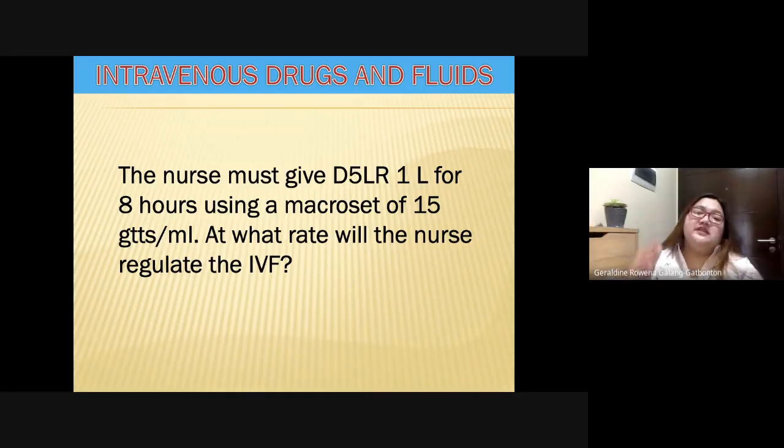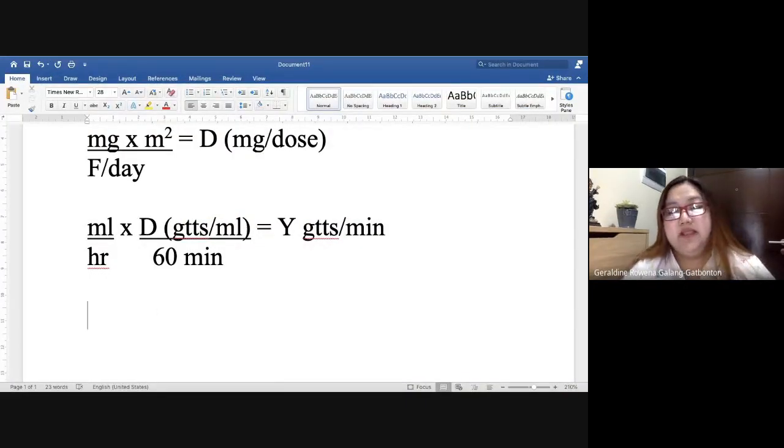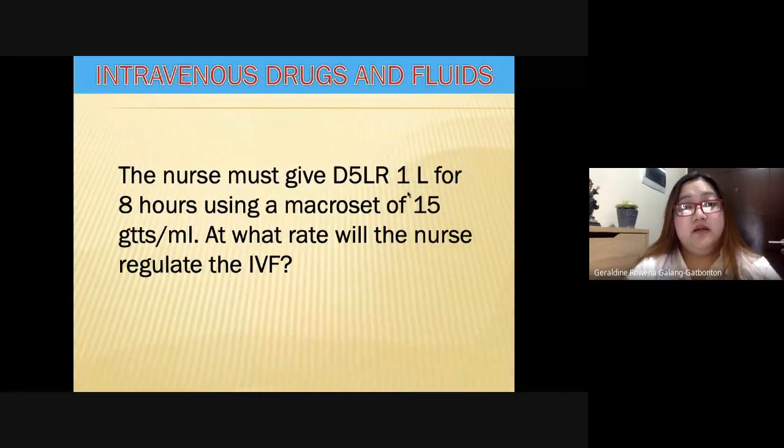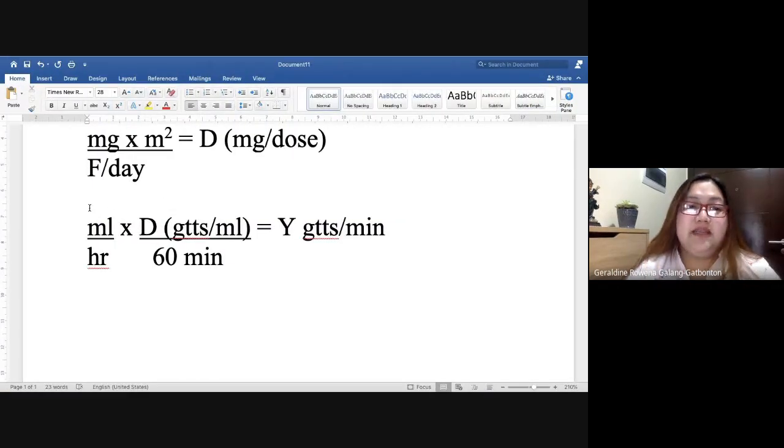The nurse must give D5LR 1 liter for 8 hours using a macro set of 15 drops per ml. At what rate will the nurse regulate the IVF? So, let us use the formula. What is the ml per hour? Hindi pwedeng 1 liter kasi ang kailangan ml.